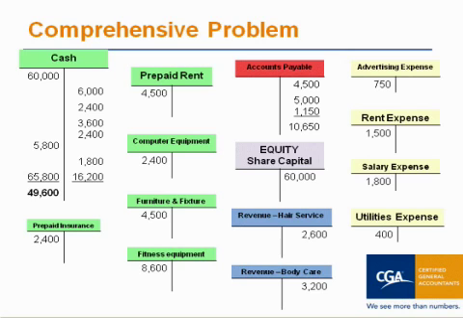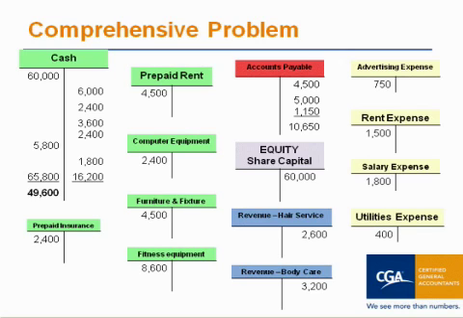If we sum up all of the entries that have been made on the debit side or the left-hand side, it totals $65,800. We now sum up all of the entries we've made on the right-hand side, and that totals $16,200. The difference between these two figures gives us a net debit balance of $49,600, and that'll sit on the left-hand side.